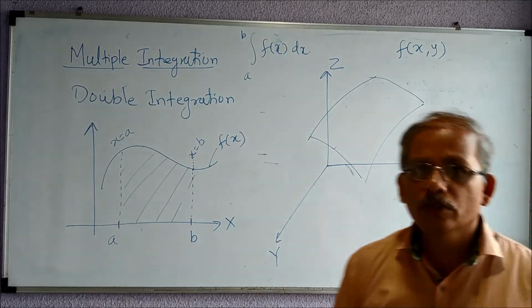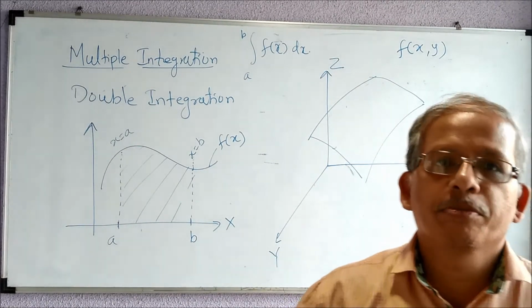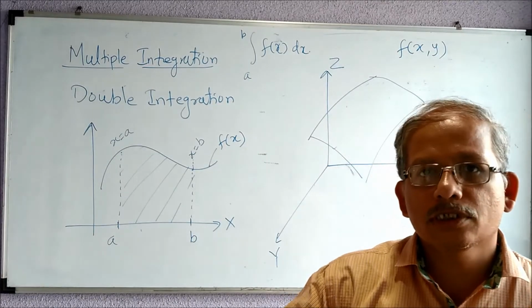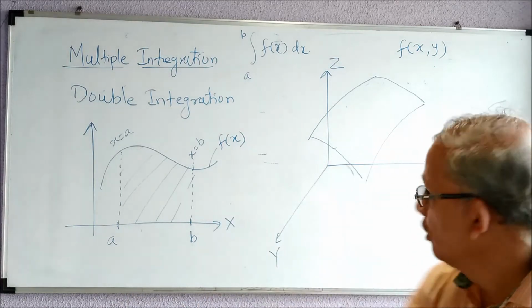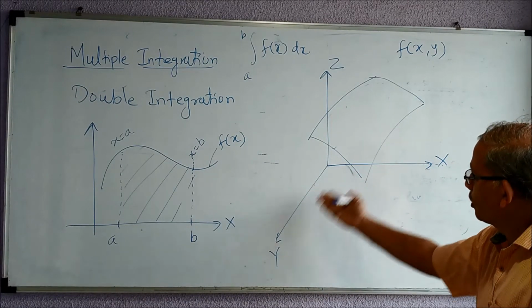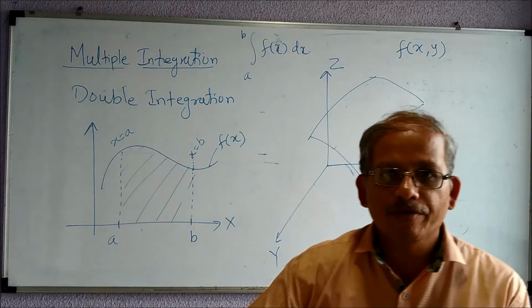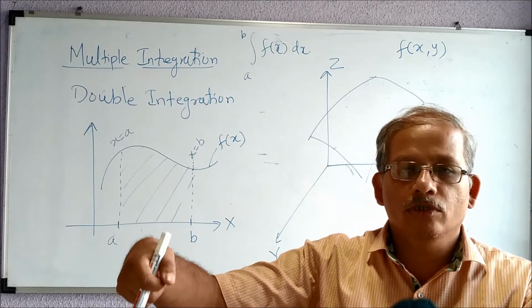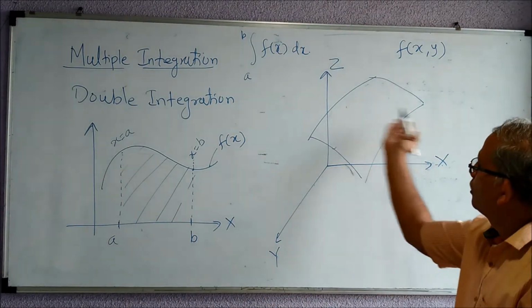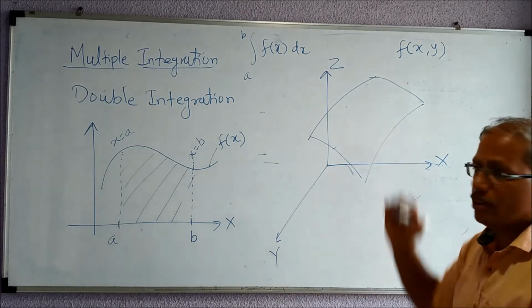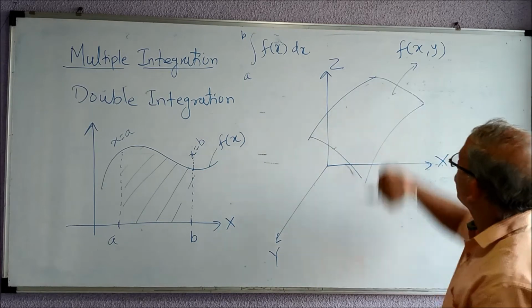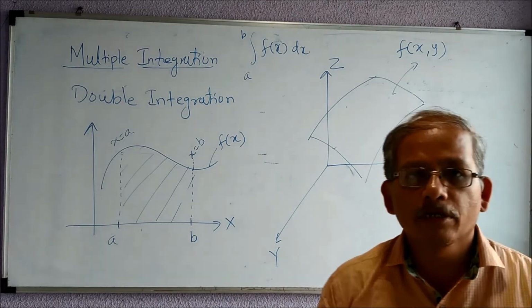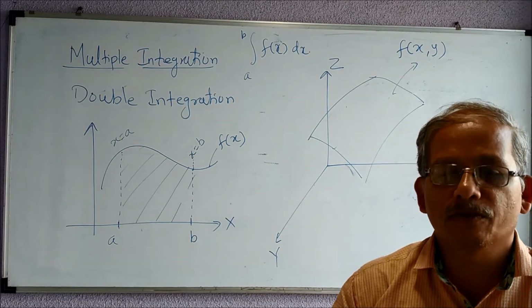Think of this as a piece of paper kept at some height. This is your floor, the xy plane, and on the z-axis you are taking some height. This becomes your function f of x, y, a kind of surface.